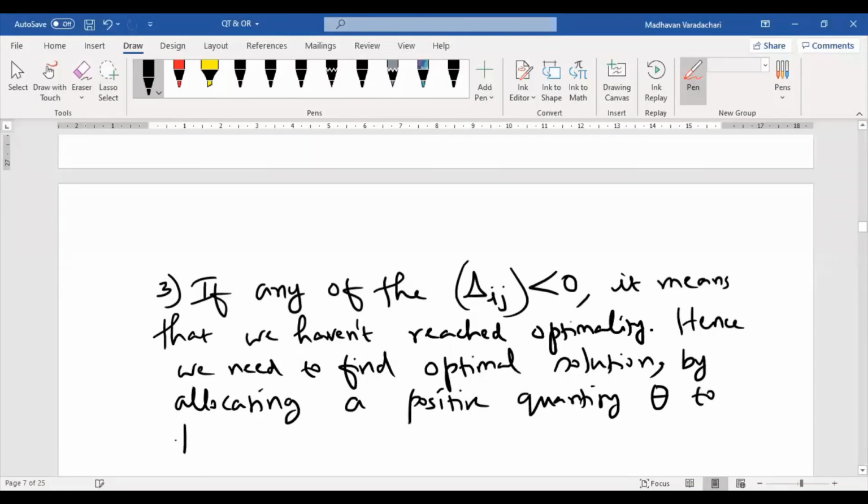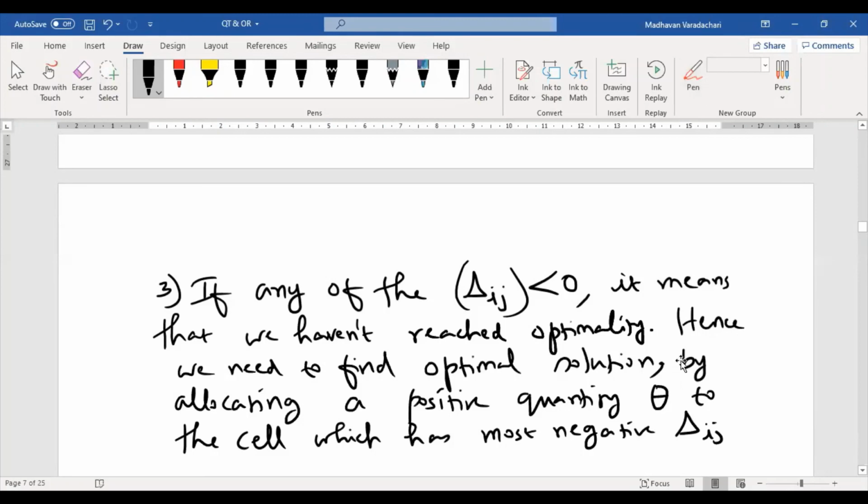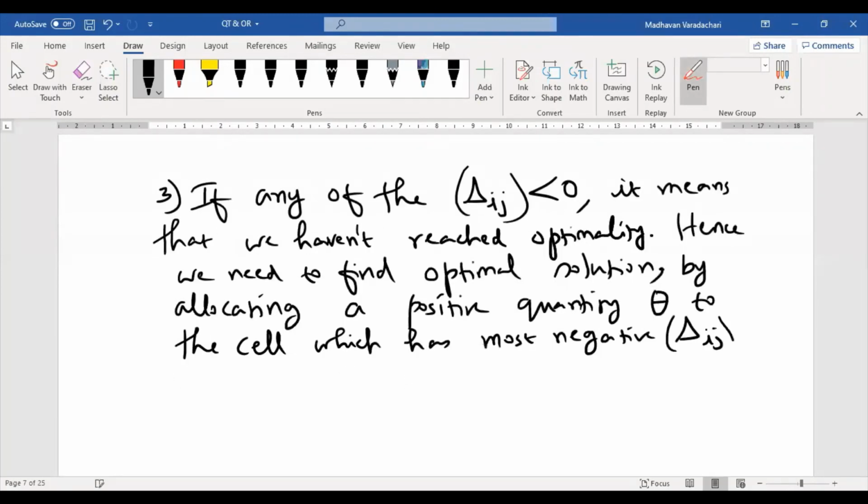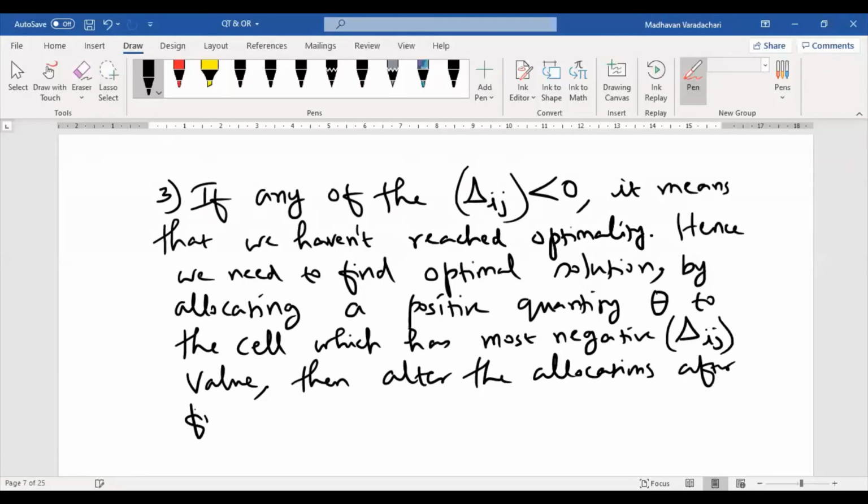Then alter the allocations after finding the theta value.